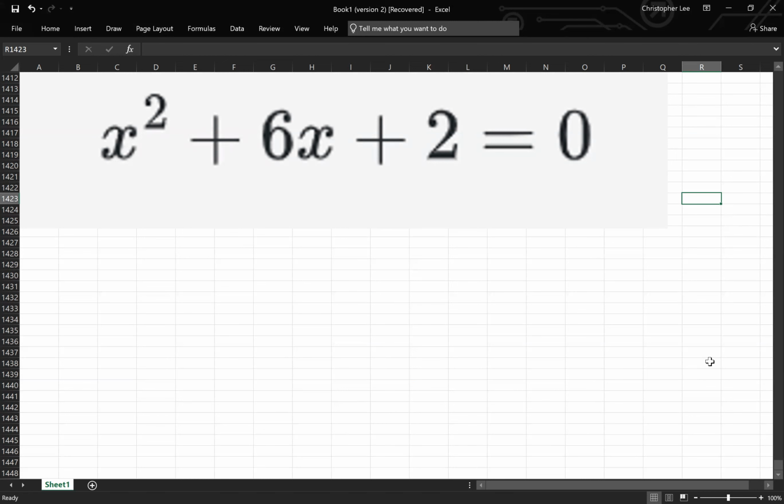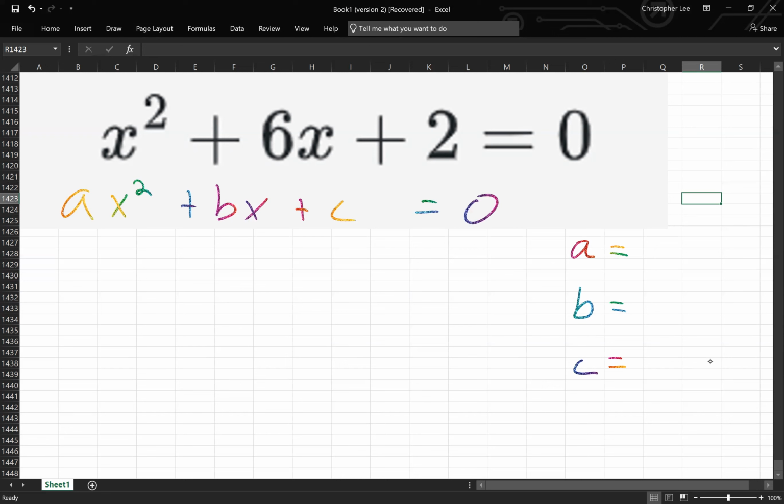So help me out for the quadratic formula. What's A? What's B? And what's C? You start from the beginning. You don't change nothing, just as long as it's in the standard form, ax squared plus bx plus c equals 0. As long as it's in that form, you could use it.